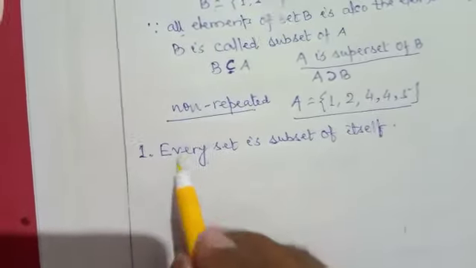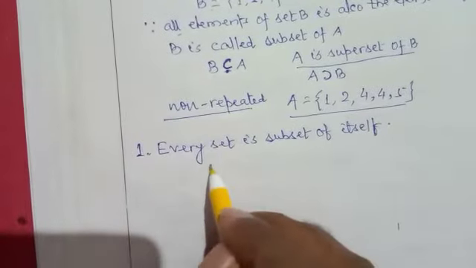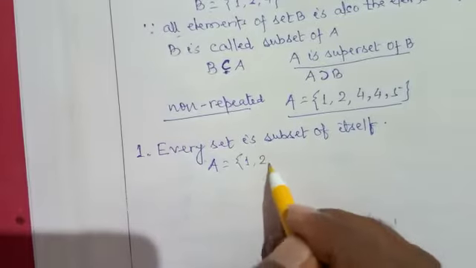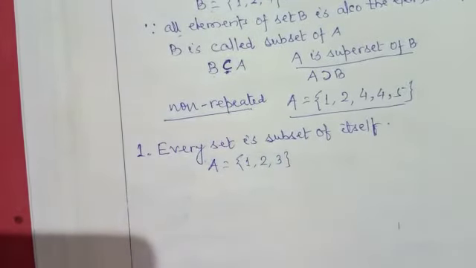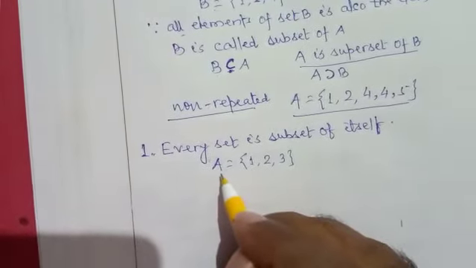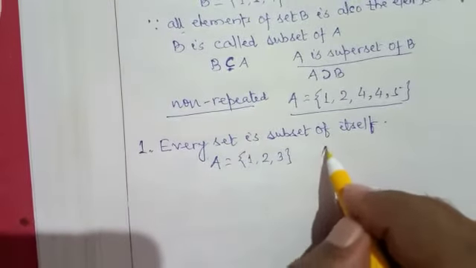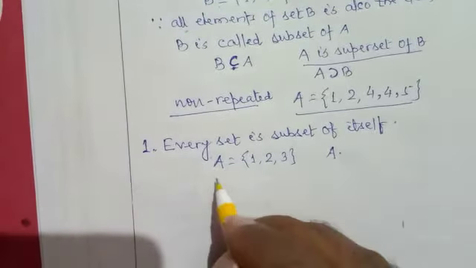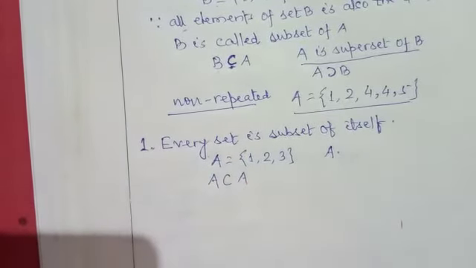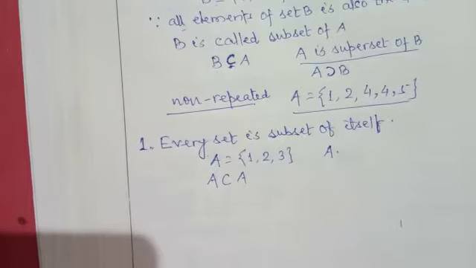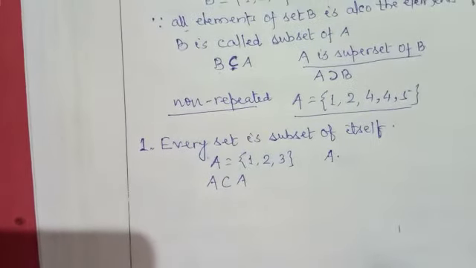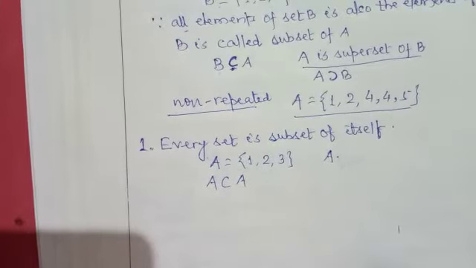Let A equal 1, 2, 3. All elements of set A are also elements of set A. So we can say that A is a subset of A, since each element of A belongs to the whole set.